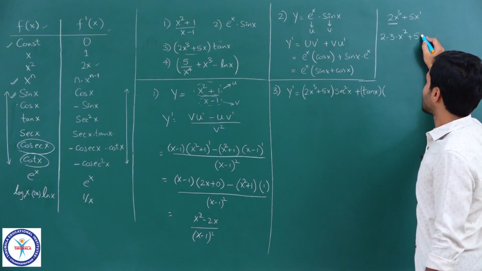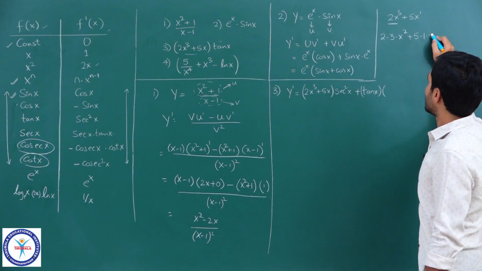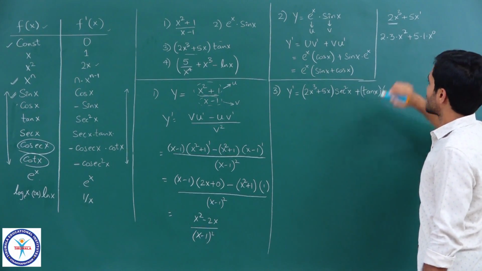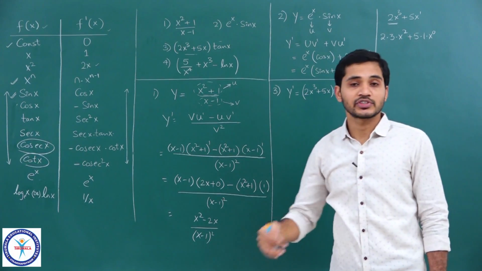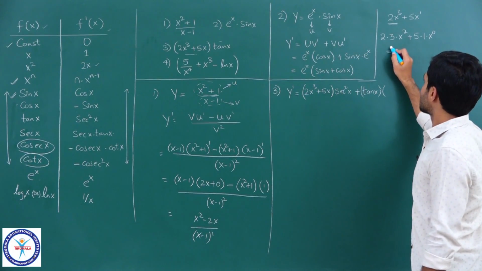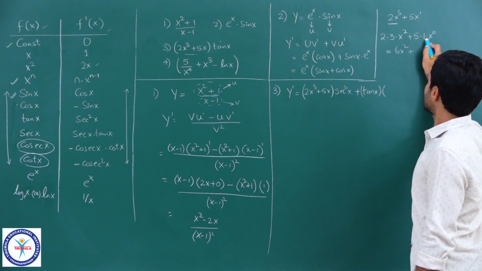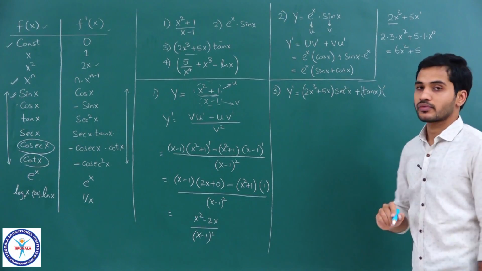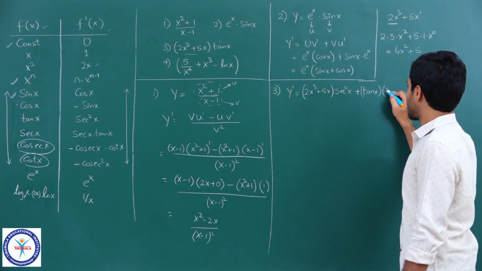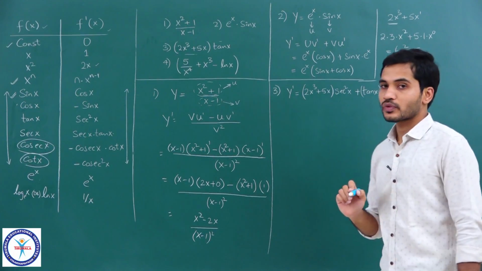So, or you can understand this as 5 into 1 goes to the front and you will get x power 1 minus 1, which is x power 0, and x power 0 is 1, right. So, if I simplify this, 6x square plus here we have 5, that is it. So, I will substitute that here, 6x square plus 5, clear.